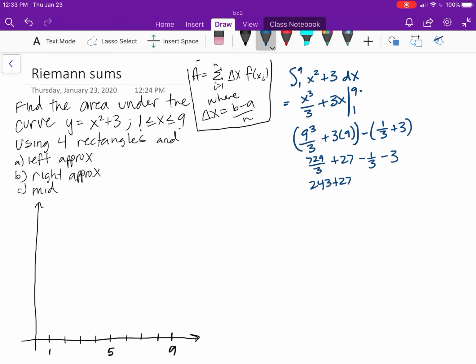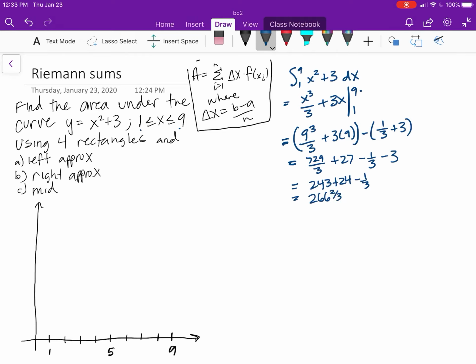Plus 27, well, 27 minus 3, gives 24 minus a third. Anyways, you get the point. Really from this point forward is arithmetic. 267 minus a third, so without making an LCD, 266 and 2/3.